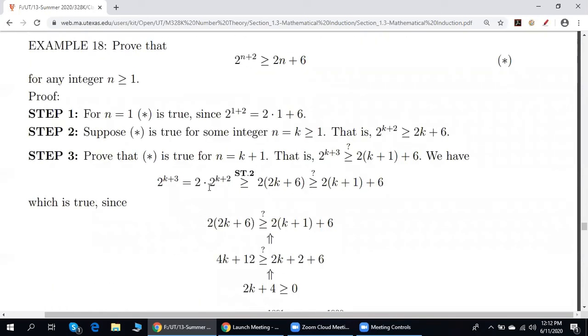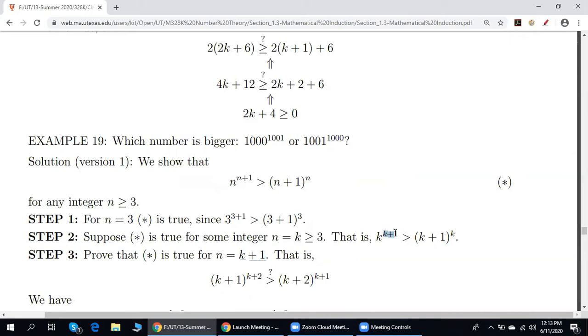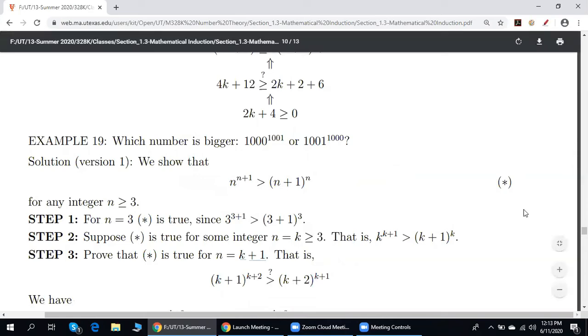The reason why we were able to jump from here to here easily is the following. When we replace k by k plus 1, 2 does not change. Over here, once we jump from k to k plus 1, both this changes and this changes. So what do we do?